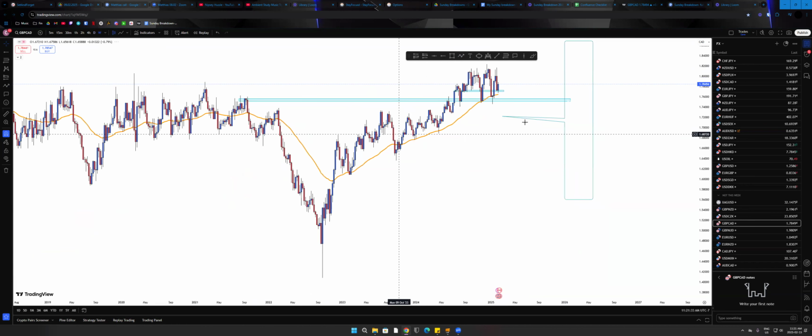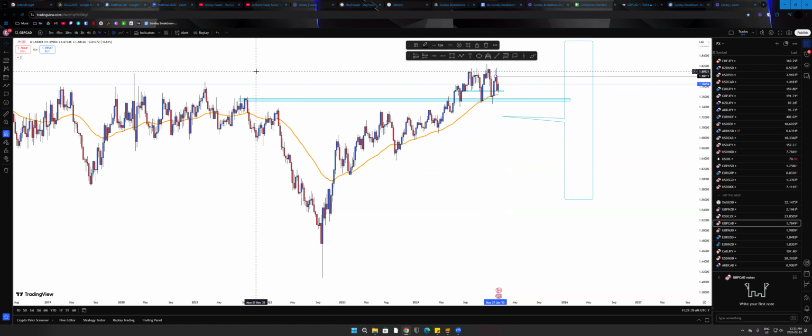Okay, let's see. The only thing is the weekly structure point is right here. So if we come back, wick retest this level and go up, we could have that.